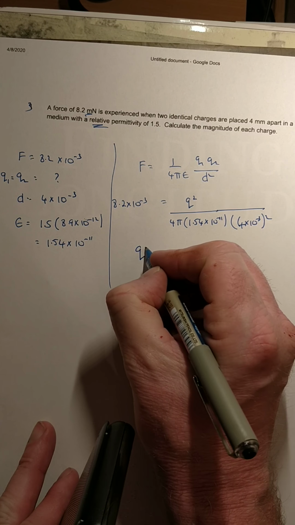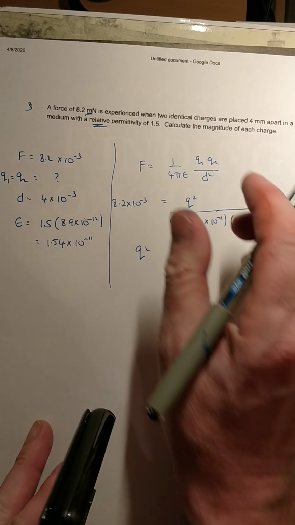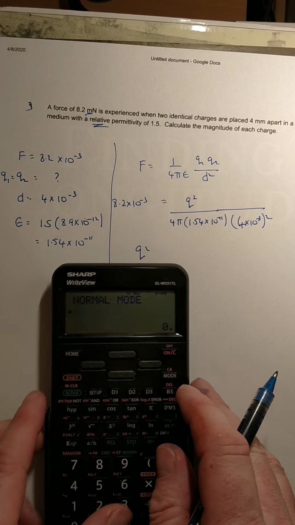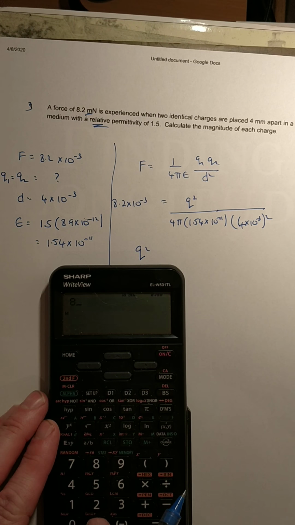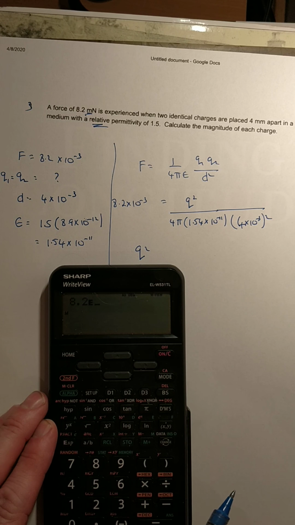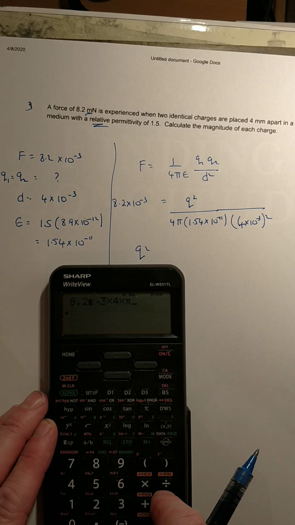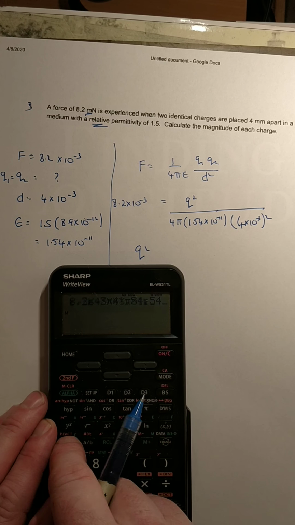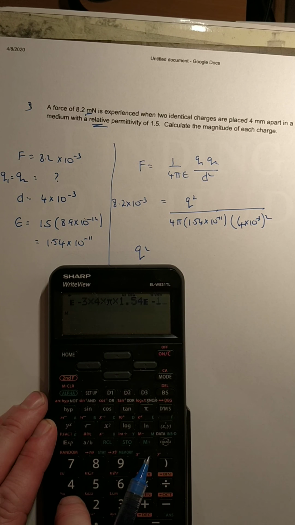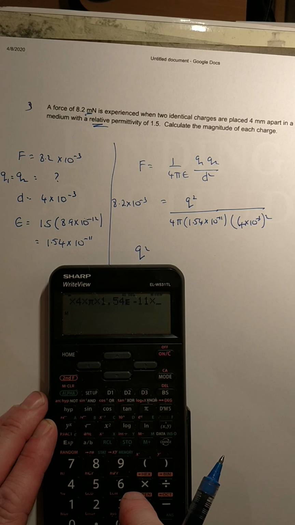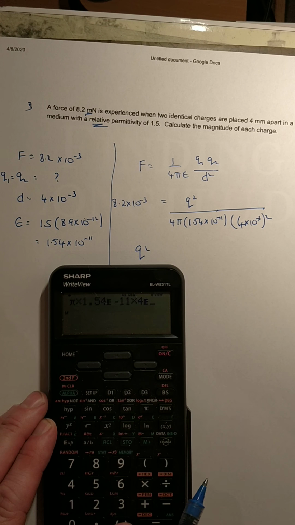Okay, to get Q squared, hopefully it's pretty clear, we're going to multiply 8.2 by 10 to the minus 3 by that. Okay, so we've 8.2 minus 3 multiplied by 4, multiplied by pi, multiplied by 1.54 exponential minus 11, multiplied by 4 exponential minus 3 all squared.